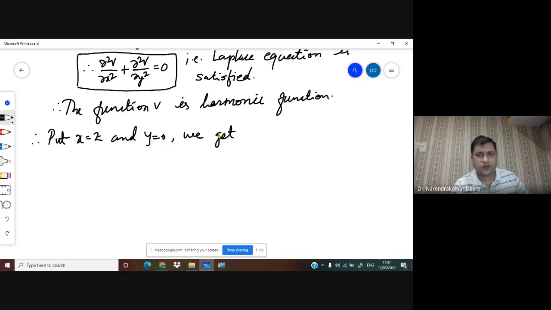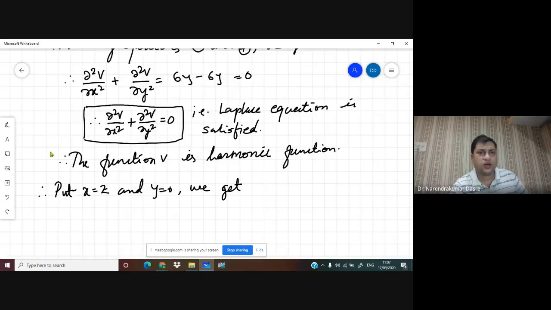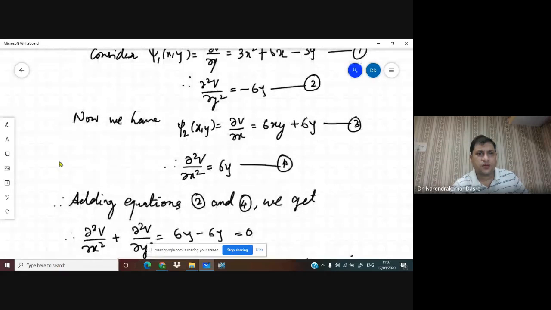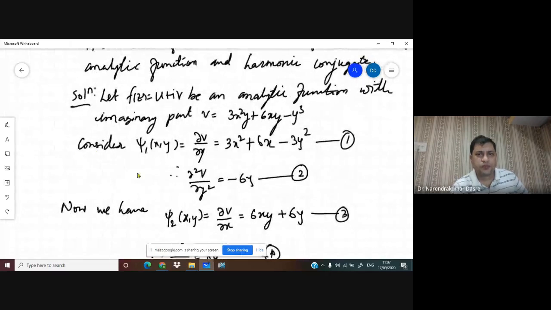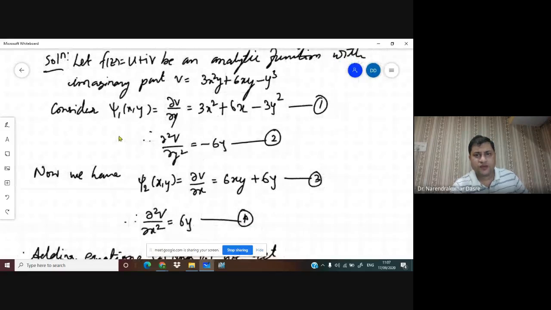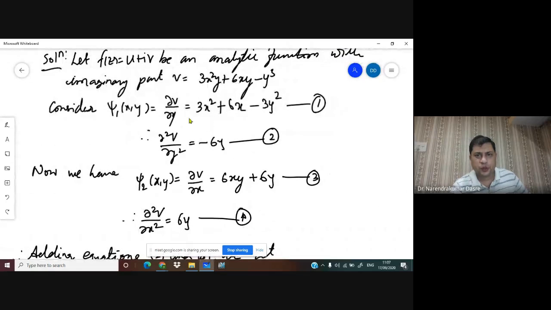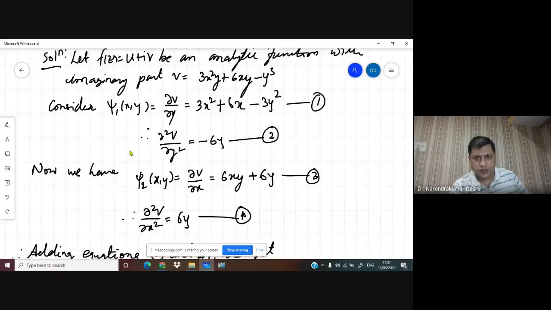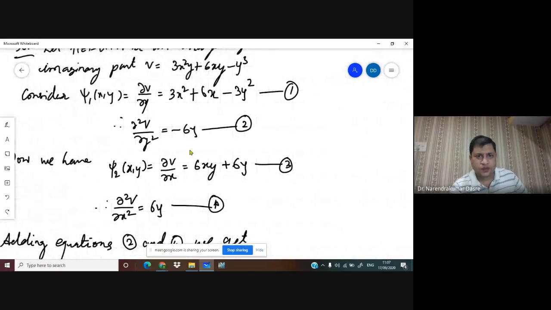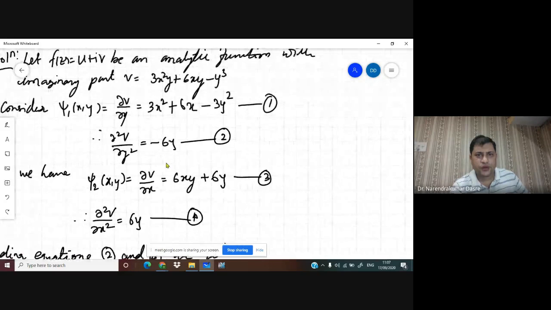The first order derivative with respect to y we have here, and the first order derivative with respect to x we have here.